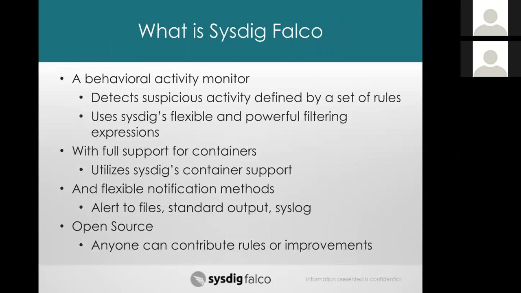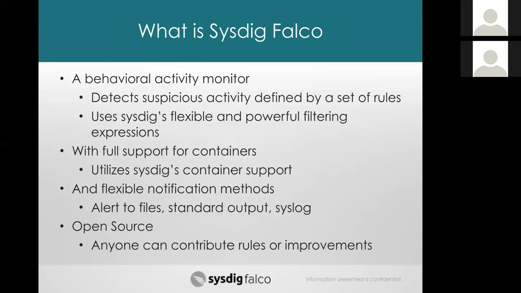Just to give a quick overview of what Sysdig Falco is, it's a behavioral activity monitor. It detects suspicious activity as defined by a set of rules that are associated with the product. The nice thing is that it uses Sysdig's capabilities for starting with system calls and building that up into a rich set of information, and also gives you a great way to filter that information using filtering expressions.